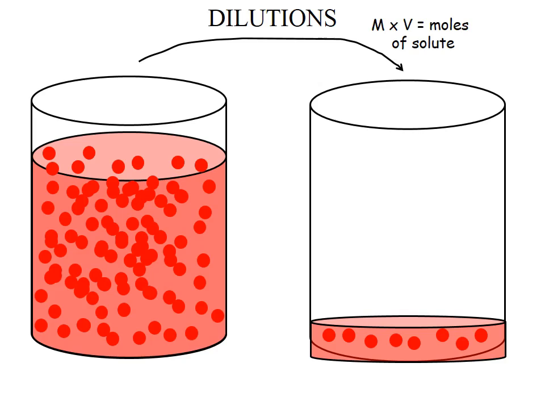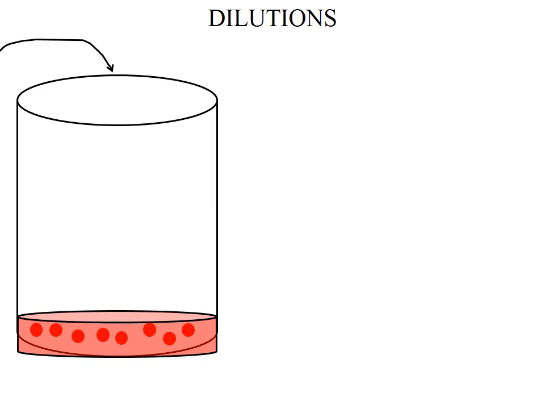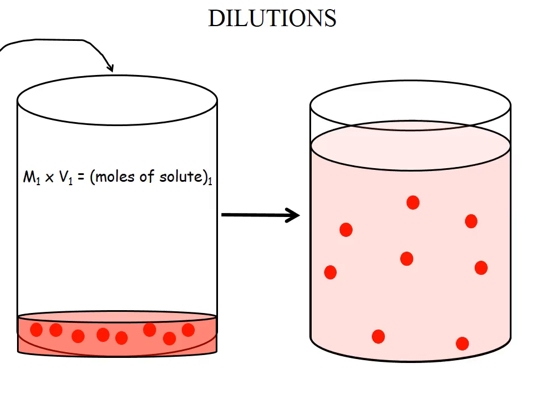So the moles of my solute that I put into the new container is just the molarity of the solution on the left times the volume that I put into that container. Right, molarity is moles per liter. If I multiply that by liters, that gives me moles. Now I'm going to take that new solution and I'm going to dilute it with solvent.